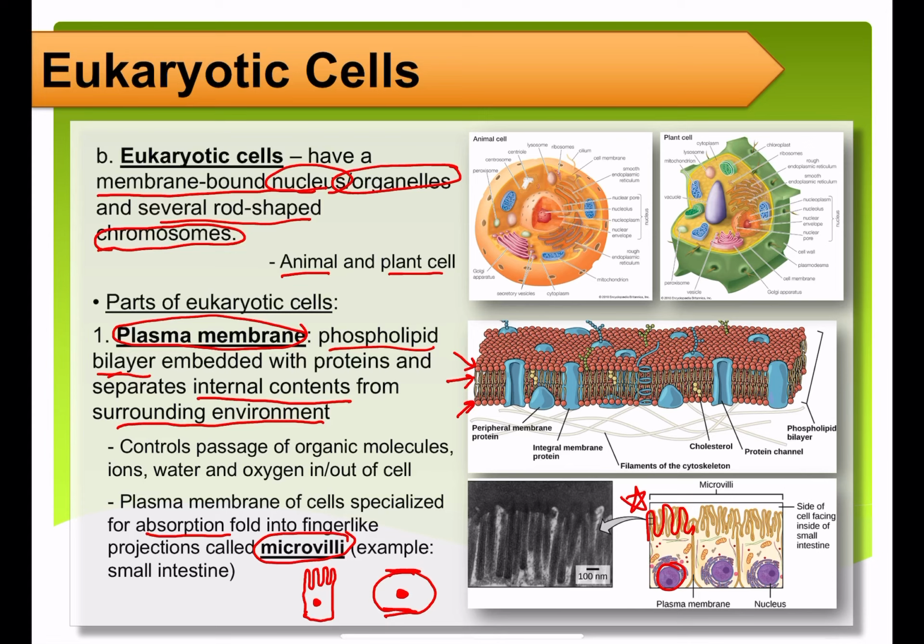If we cannot absorb the nutrients we eat, we will starve to death, because none of our cells are being fed with all these important nutrients we're ingesting. But because of the way our small intestine cells are designed, we can maximize the absorption of those important molecules, like vitamins, amino acids, and glucose, all those macromolecules we were talking about earlier.